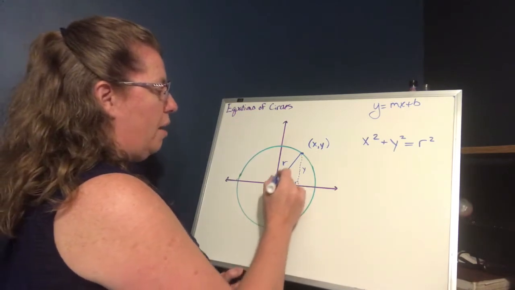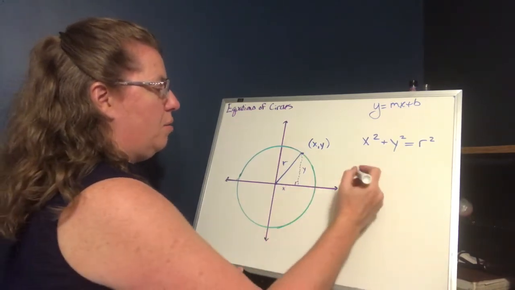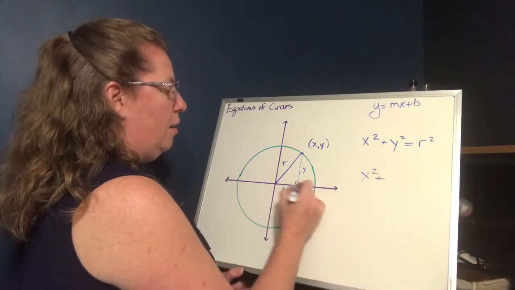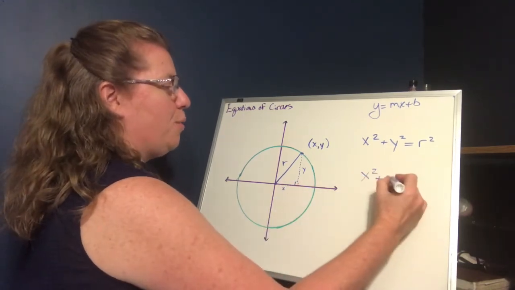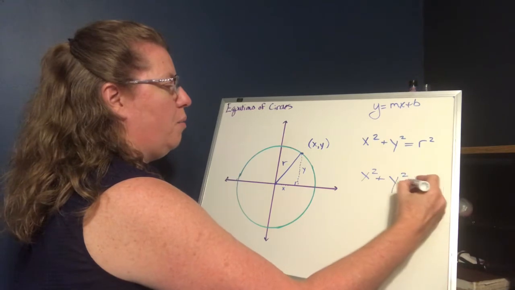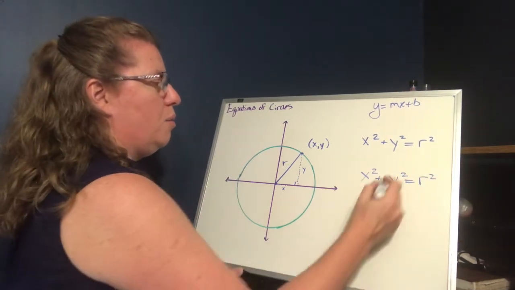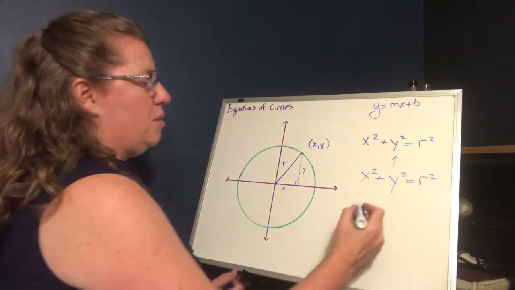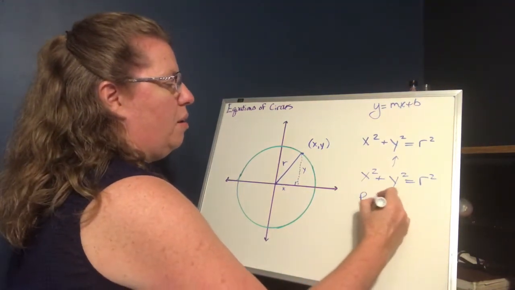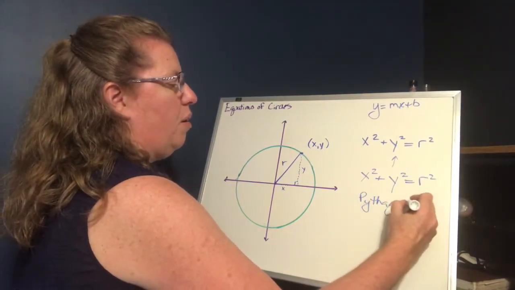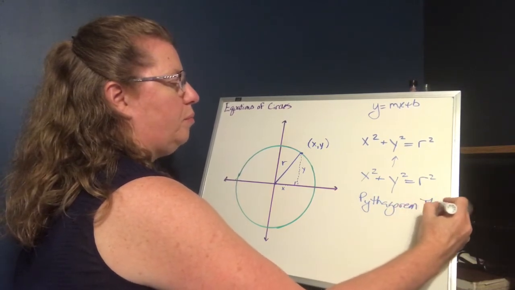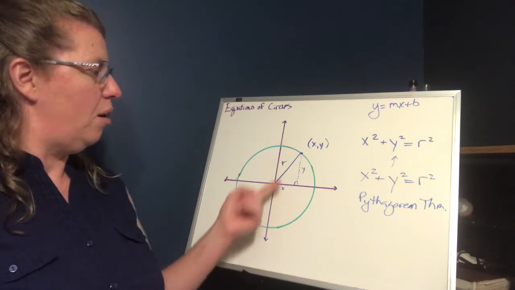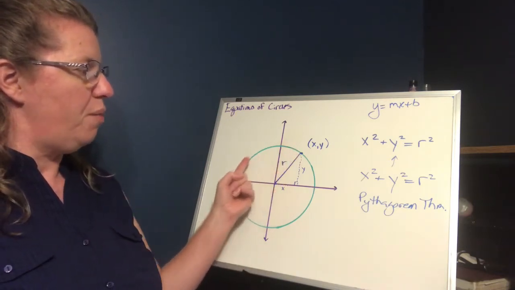We can find the length of that hypotenuse r if we square the legs: x squared plus y squared equals r squared, which is just what we have as our equation of our circles. We get this using the Pythagorean theorem. Okay, and this is the relationship that our radius has with every point on the circle.